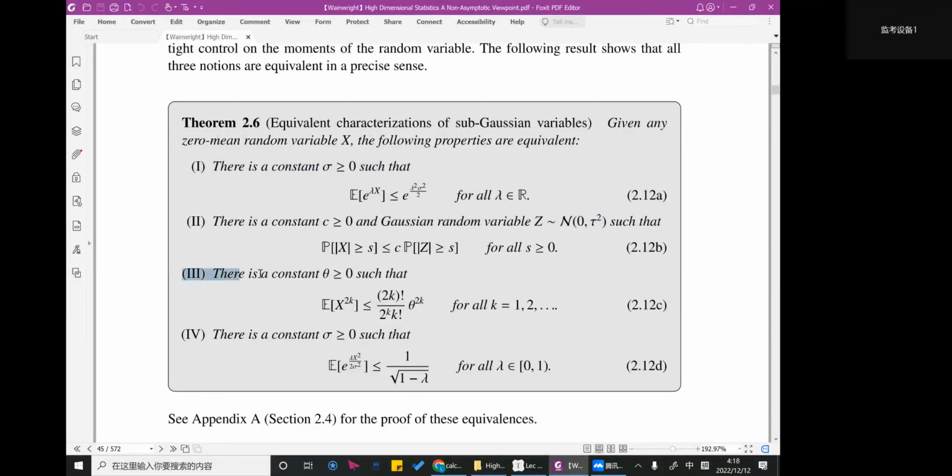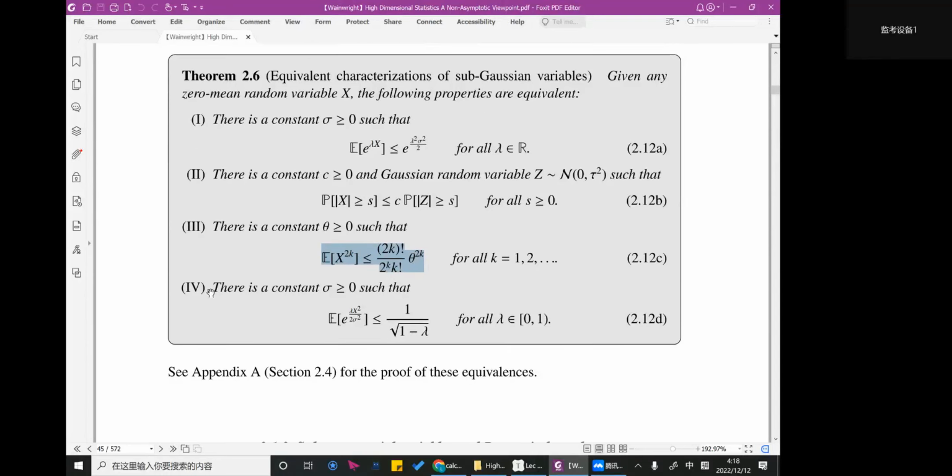And form 3 is about the moment conditions. So the even moments of x have to be less than some terms, and the last equivalent form is that if you take the expectation of this, and this is satisfied, then it's also a sub-Gaussian variable.